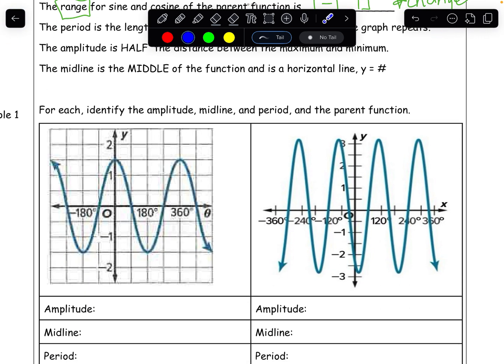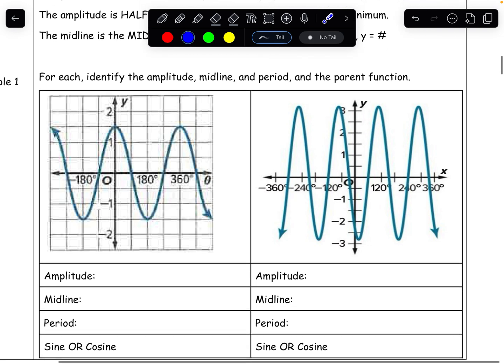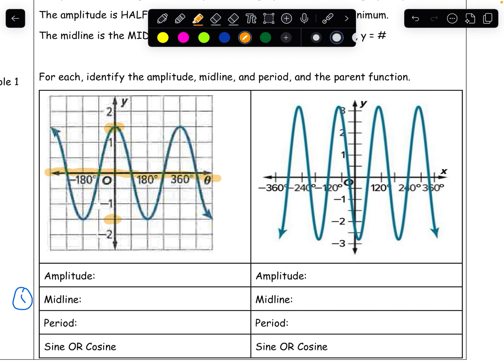And so what we are going to do is find the amplitude, midline, period, and we're going to tell if it's sine or cosine. I would suggest starting with your midline. First step. So your midline is halfway through. So here we're at 1.5 and -1.5. So halfway between will be y equals 0. From there, your amplitude is how far from your midline you are, which is 1.5.